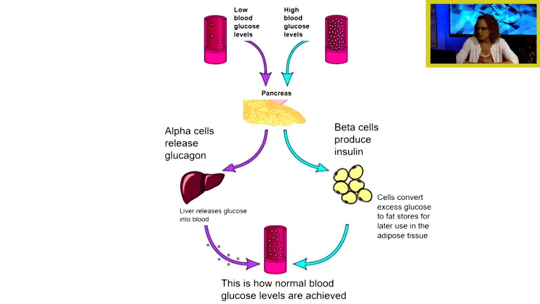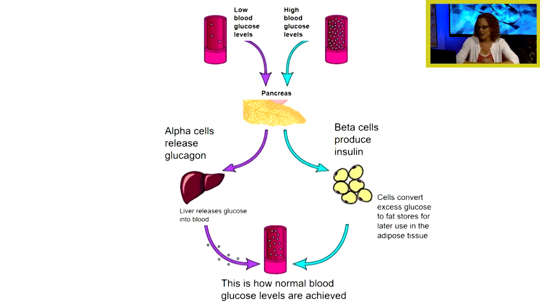What it does is it provides us kind of like a picture of what happens when our blood glucose gets too low, and when our blood glucose might get too high, and actually how the body balances out. At the very bottom here, you can see this is how normal blood glucose levels are achieved.